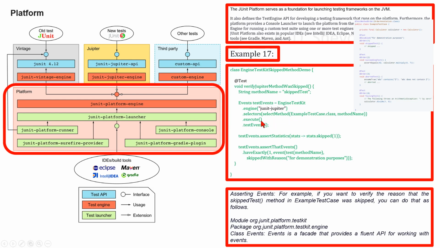Here we execute the test plan. Here we filter by test events. Here we save the test events onto a local variable.